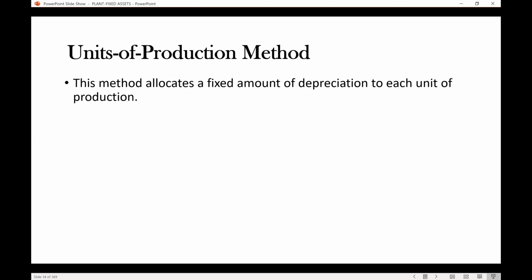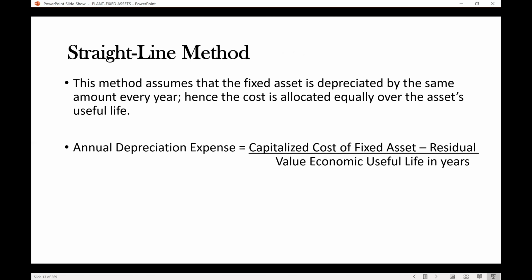The next method is the units of production method. This method allocates a fixed amount of depreciation to each unit of production. So it's not like the straight line method where it's assumed that the fixed asset is depreciated by the same amount every year and cost is allocated equally.